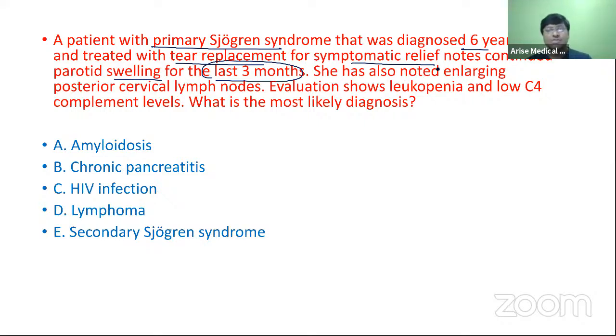She has also noted an enlarging posterior cervical lymph node. Evaluation shows leukopenia and low C4 complement levels. What is the most likely diagnosis? Amyloidosis, chronic pancreatitis, HIV infection, lymphoma, secondary Sjogren syndrome.